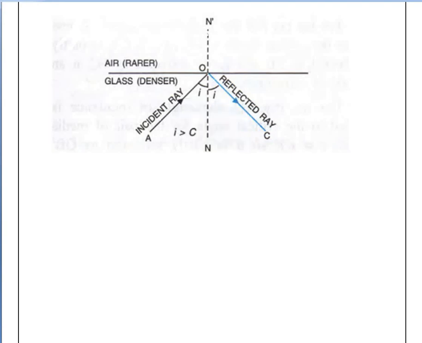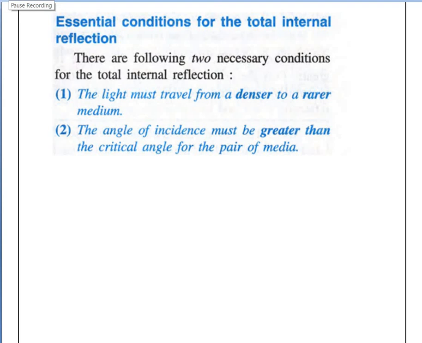Now our topic is what are the essential conditions for total internal reflection. Two necessary conditions for total internal reflection: the light must travel from a denser to a rarer medium, and secondly, the angle of incidence must be greater than the critical angle for the pair of media.